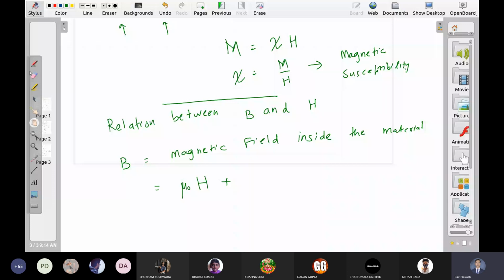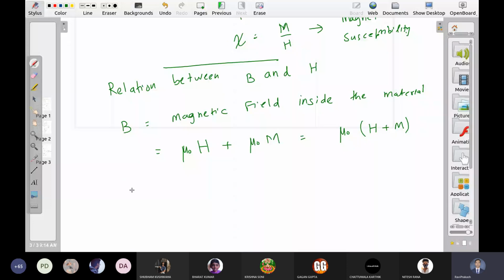Plus mu naught M, or mu naught (H plus M). We also know B is mu H. We can directly calculate the magnetic field if we know the permeability of the sample.